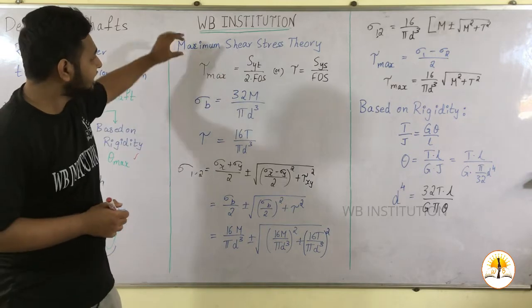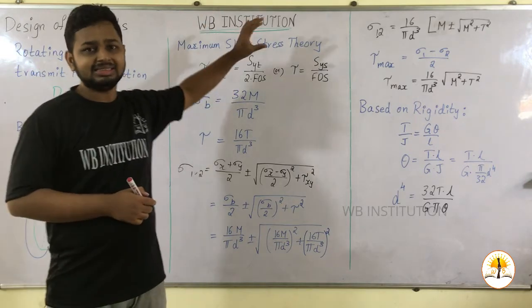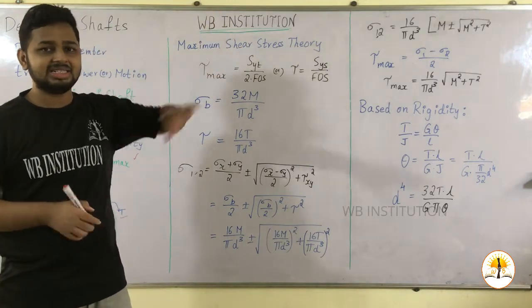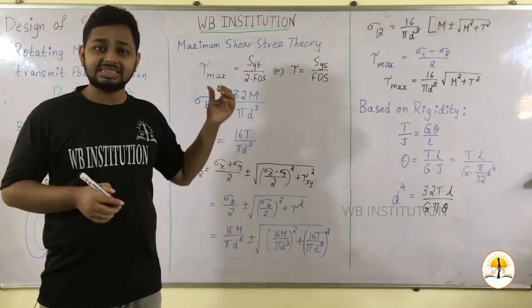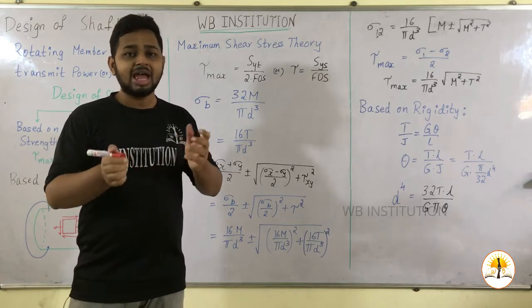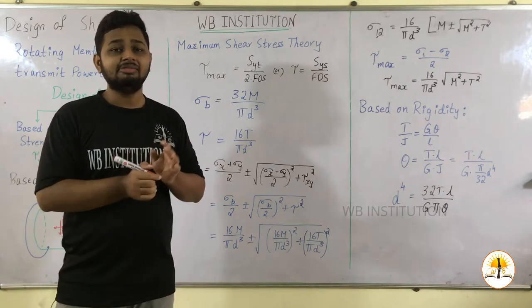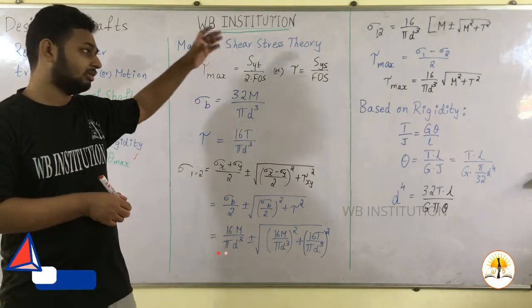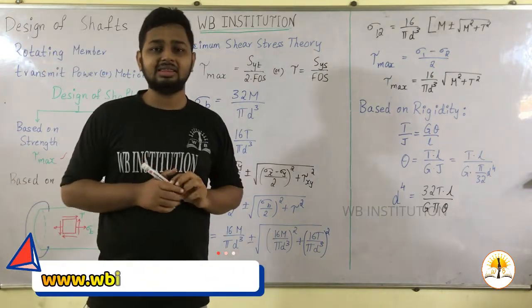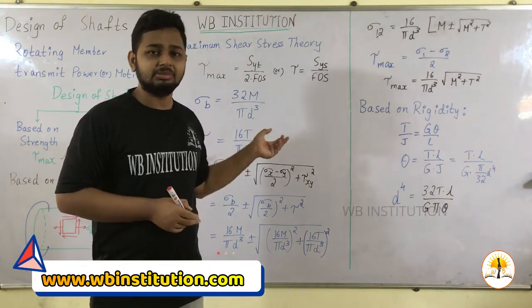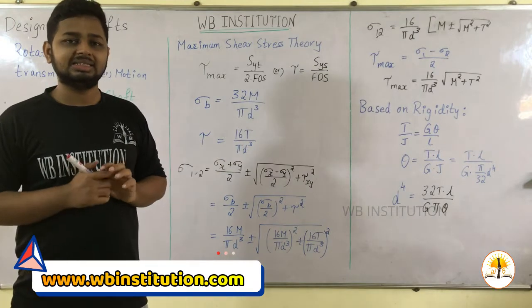We are using the maximum shear stress theory because it is safer than the maximum distortion energy theory, which we discussed in the first class of design of machine elements. We compared both theories and finalized which is safe, more conservative, and suitable for application.